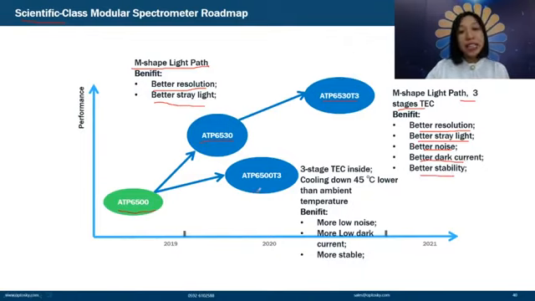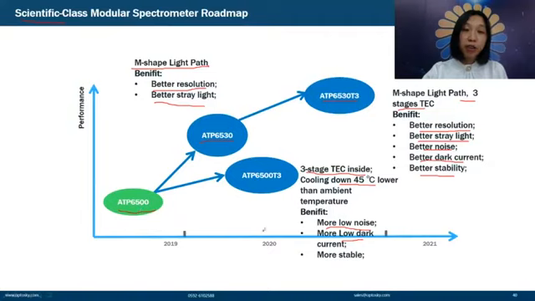And we have the ATP 6500 T3. It's a 3-stage TEC, cooling down 45 degrees lower than ambient temperature. And you have a lower noises, a lower dark current, and it's very stable. So, and now we already have the ATP 6500.